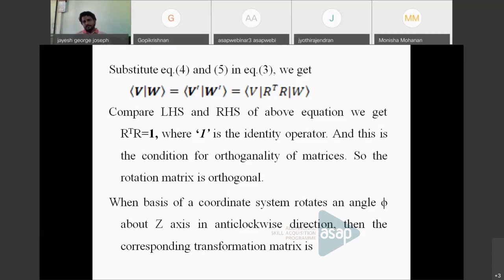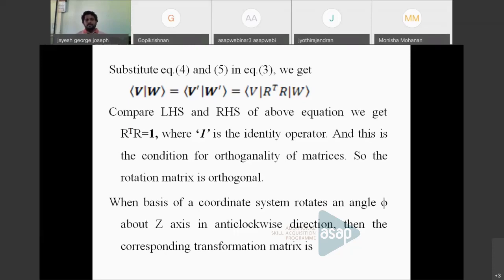That kind of transformation is termed an orthogonal transformation, and the corresponding transformation matrix satisfies R into R transpose is equal to 1, that is equal to R transpose into R.